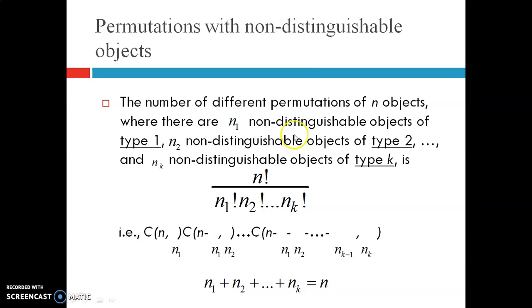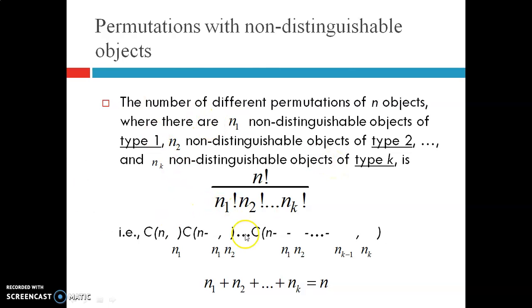Means in a given set of atoms, some atoms are repeated. Suppose type 1 atom is repeated n1 times, type 2 atom is repeated n2 times, and likewise type k atom is repeated nk times.